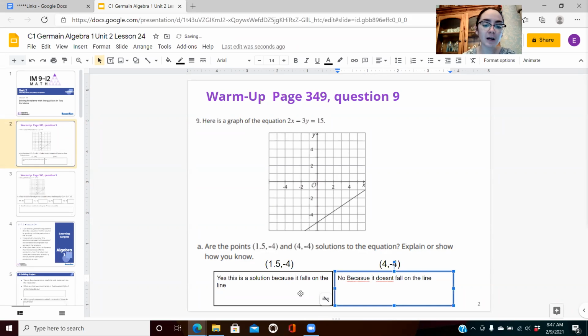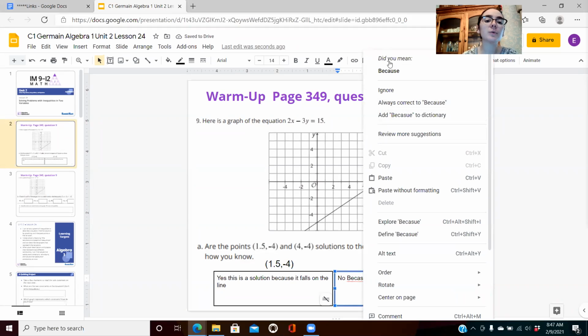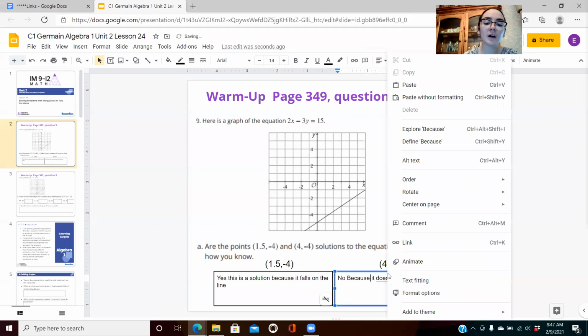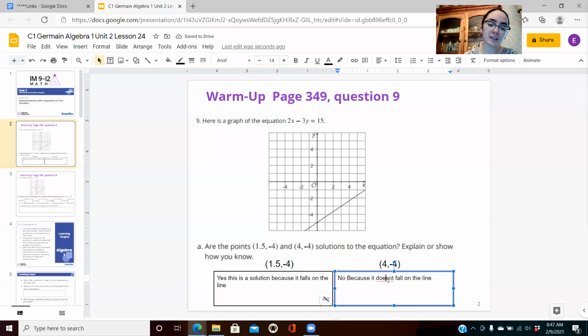Very good. You could also prove it by plugging it in and seeing if the two sides are equal to one another. If you were to do that, that would not be the case.